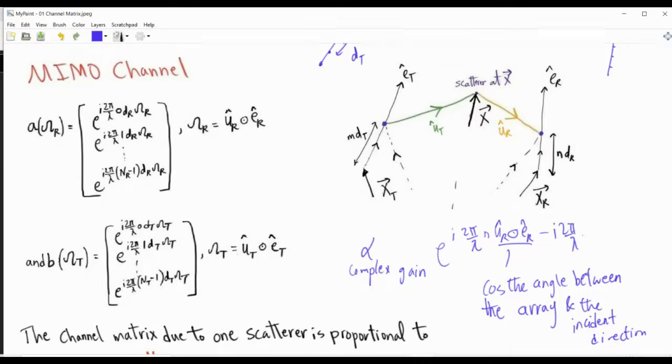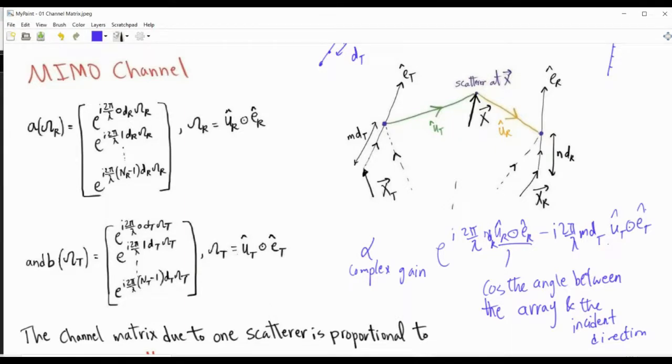If we focus on the mth antenna, then we have m here, and I forgot dr here. Here it will be dt, the distance on the transmit side, and then you have a similar thing, but now the angle is between the transmit array and the direction to the scatterer. So this will be ut, a unit vector, and this is et.